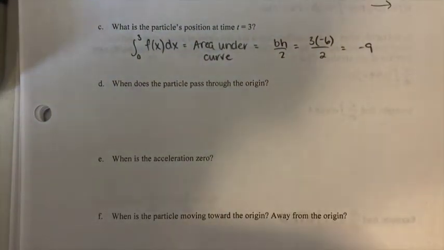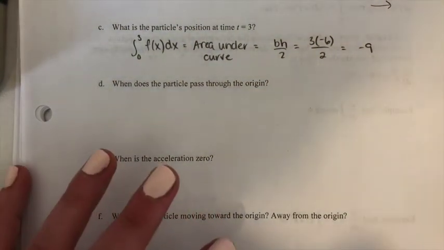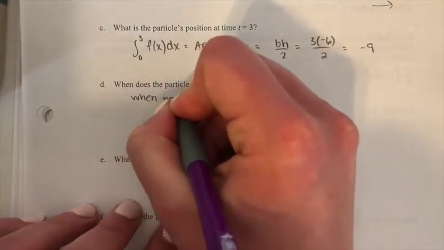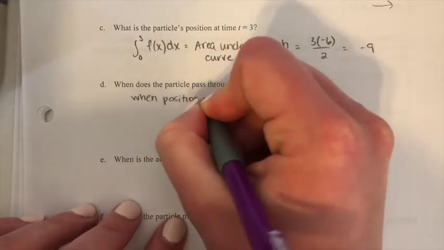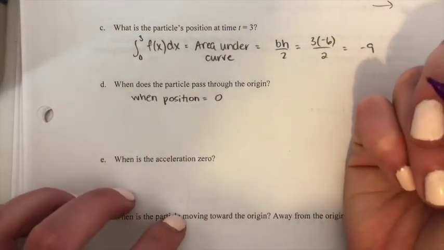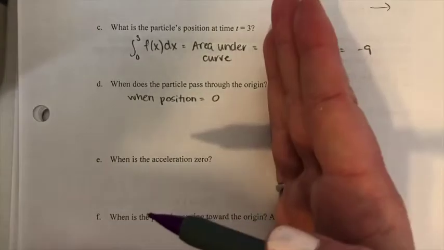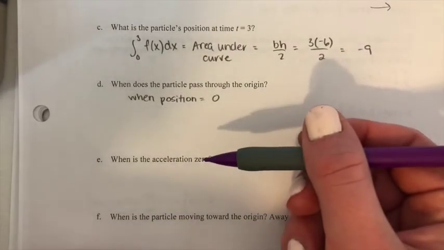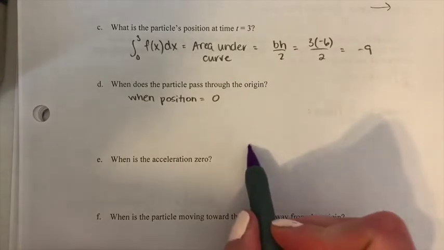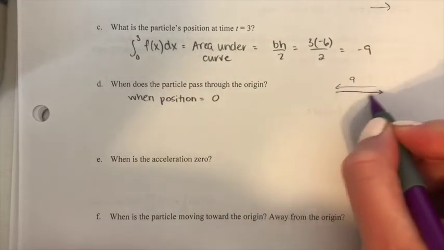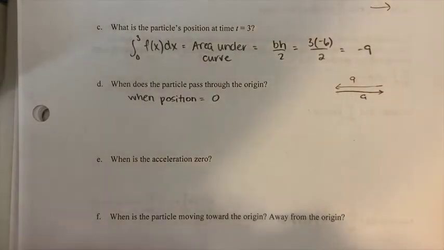When does the particle pass through the origin? Okay, this would happen when position equals 0, right? So the starting point is at 0. If it went -9 meters, so left 9 meters in the first 3 seconds, it has to go back another 9 meters to be at 0, okay?